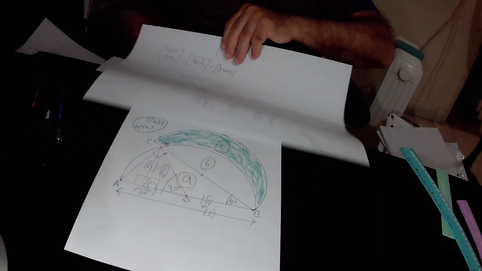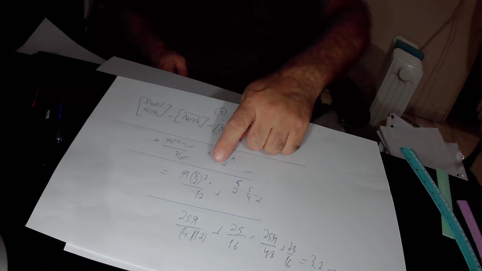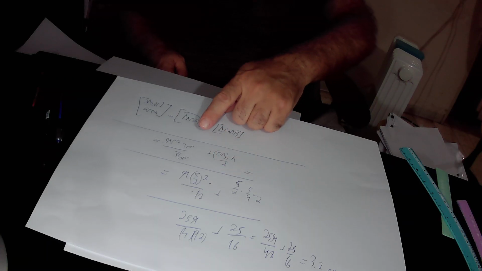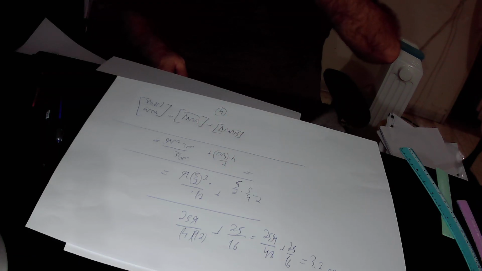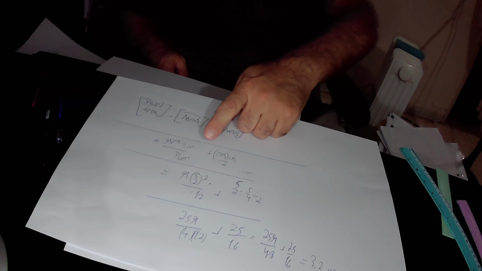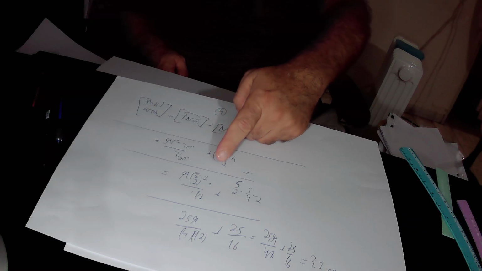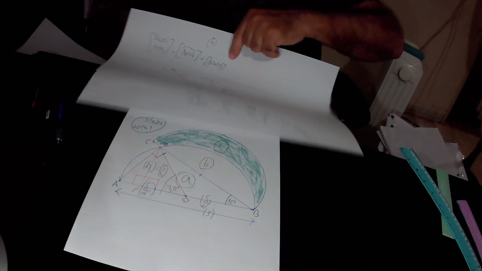R is 5 over 2, therefore R squared is 5 over 2 squared, so pi R squared is pi times 5 over 2 squared. 30 degrees over 360 degrees is 1 over 12. So in total pi R squared times 30 degrees over 360 degrees equals pi times 5 over 2 squared over 12. Plus we have OB.